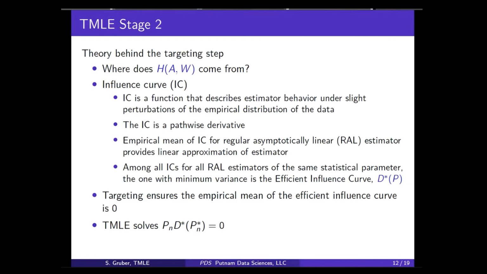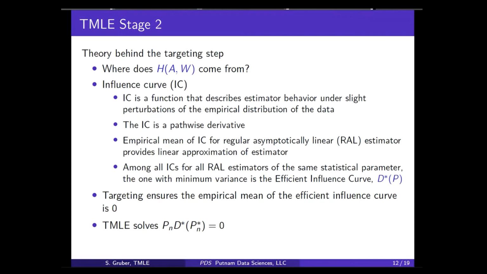And among all influence curves for all regular asymptotically linear estimators of the same parameter, the one with minimum variance is called the efficient influence curve. There's an efficient influence curve for the ATE, and in TMLE notation, we call that D star. The star means it's efficient. And it's a function of the distribution of the data, P.